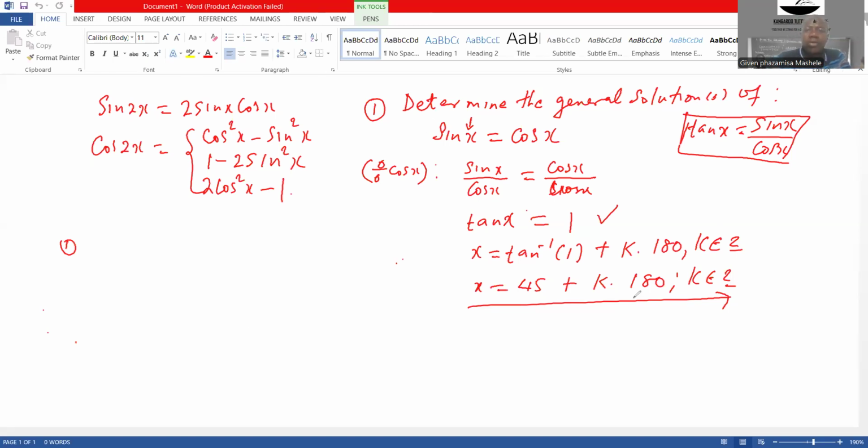Right. Now you see that here we resolved this to have tan because the angles are the same. Now let me try to change the question.